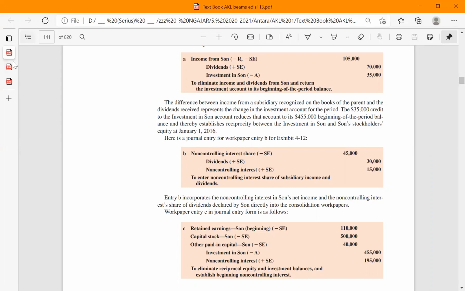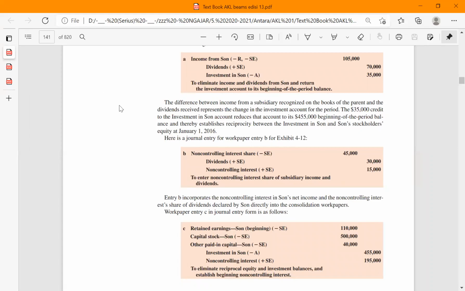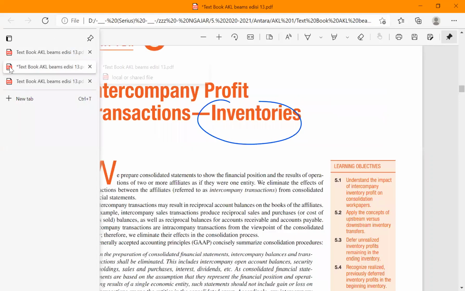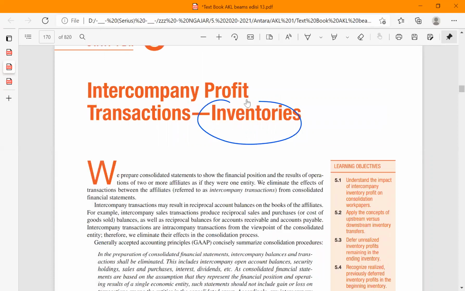When we learn about intercompany profit transactions related to inventories, we will again meet all of these journals, and then we will have additional journal entries related specifically to inventory. So basically, we just repeat Chapter 4 here, but add the specific journal entries related to inventory. That's the story of Chapter 5, which is only about the additional journal entries that you must make to finish the consolidation statement.